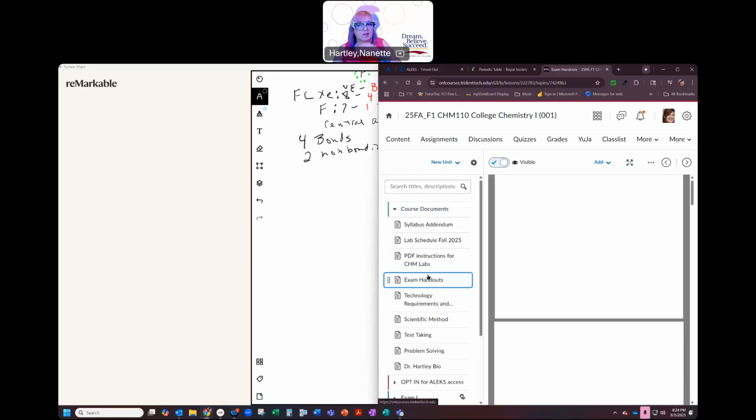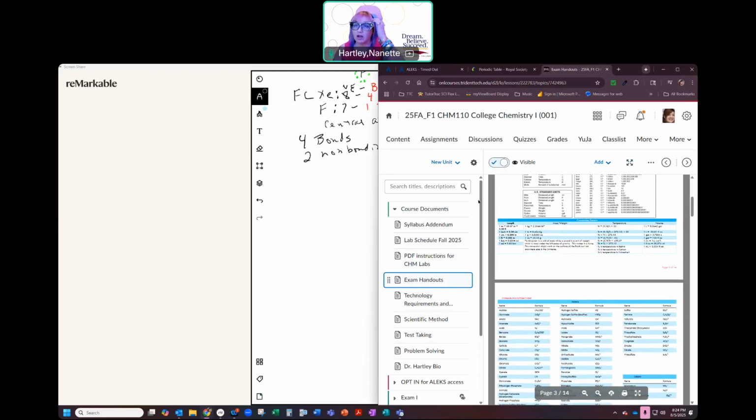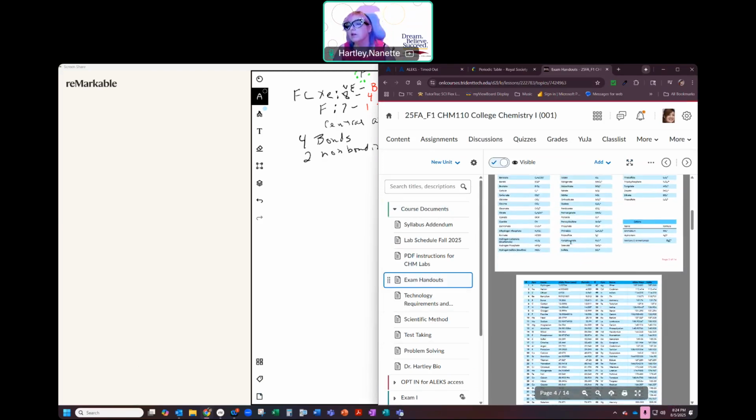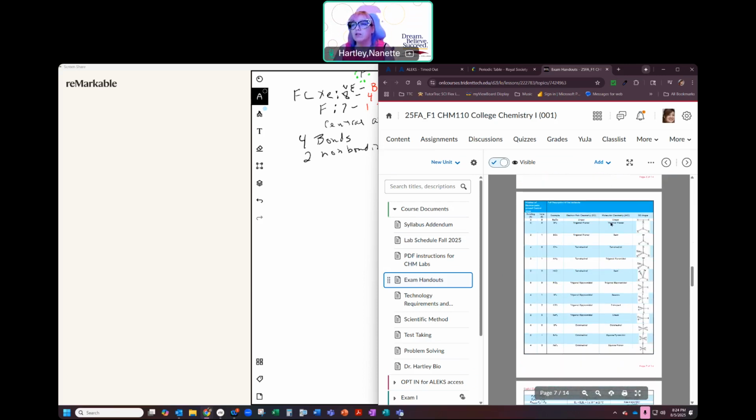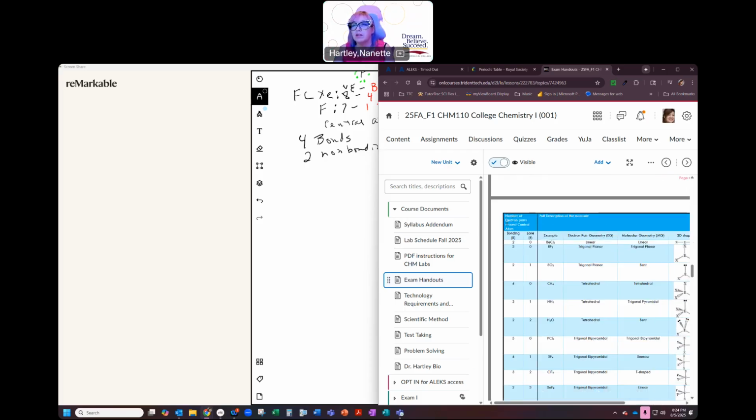And I know that in those exam handouts, I have a copy of this table that we will get a version of in lab. And that looks like this. So I can zoom in on this a little bit. That will make my life easier.